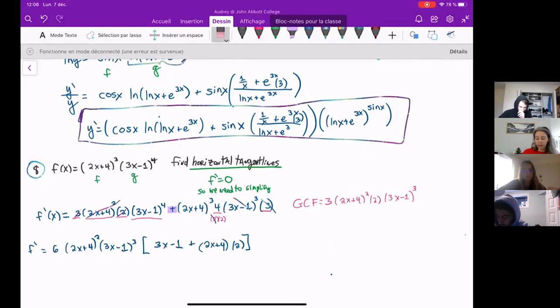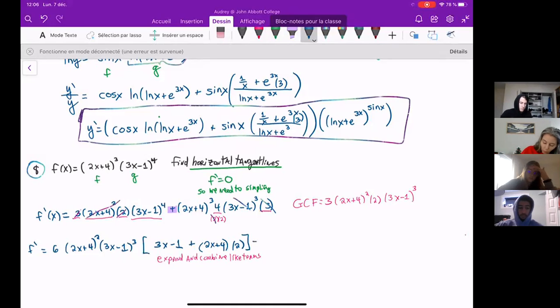Are there any questions about how I just factored out the greatest common factor? Okay, so then in here, we need to expand and combine like terms. Privately in the chat, tell me what's going to be left over in those parentheses once you have expanded and combined like terms.